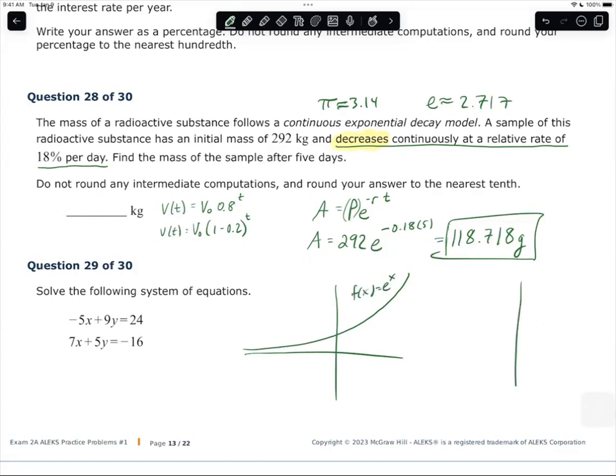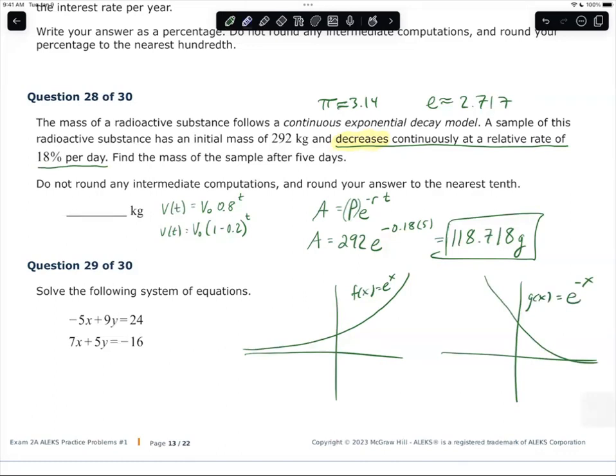If you want it to be decreasing, one way to do that is to graph the function g of x equals e to the negative x. We make the exponent negative, that will reflect it about the y-axis and make it a decreasing function instead of increasing.